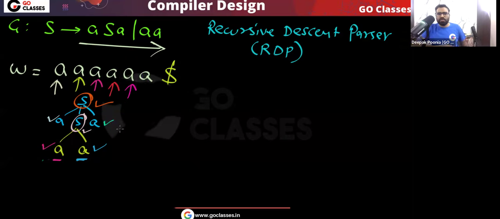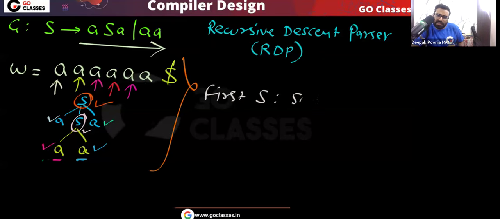Now you can notice that this first S is saying that I am successful. But we are not at dollar. We did not consume the entire input string, yes or no?